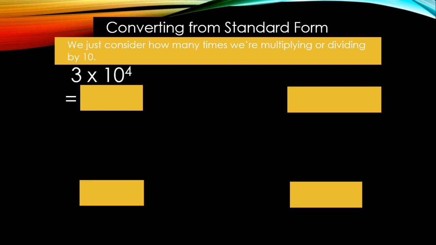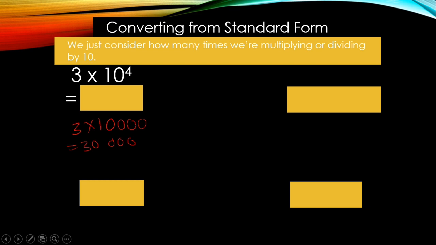Since our power of 10 is positive, it means we are going to move to the right. So it will be 3 times 1, and how many zeros? 4. 1, 2, 3, 4. And this will give us 30,000. Let's check if our answer is correct. Yes, our answer is correct.